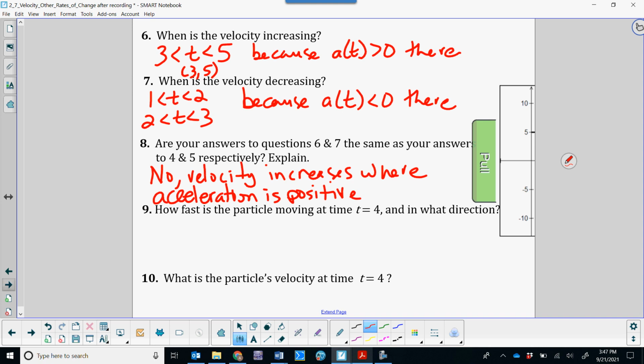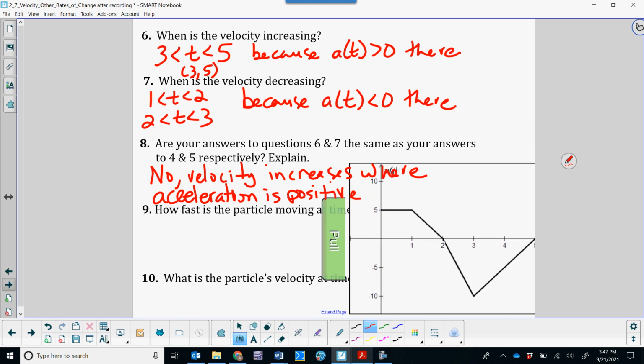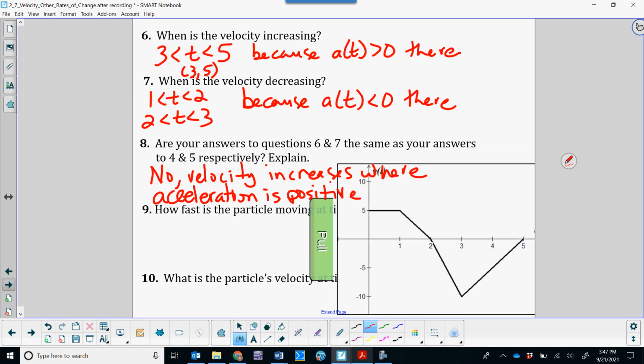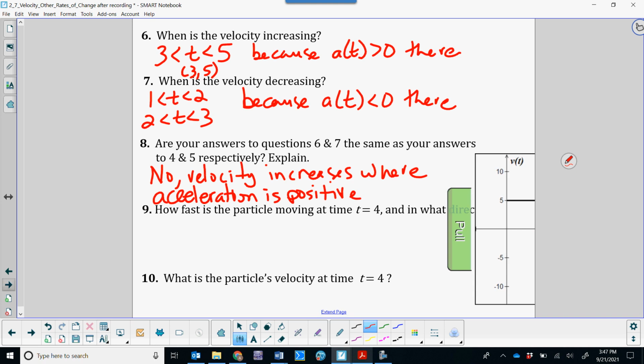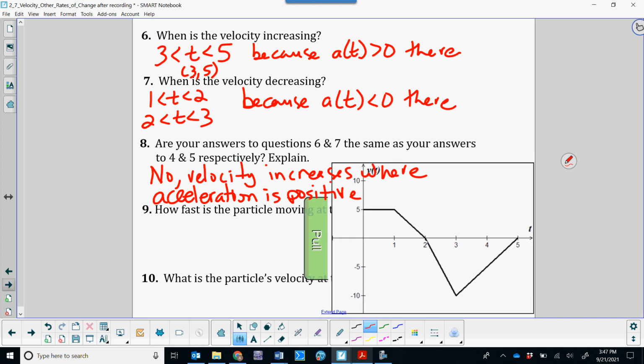Okay, number 9 says, how fast is the particle moving at time t equals 4 and in what direction? So if we look at t equals 4, this is the graph of velocity. The value that we get, which appears to be -5, is the velocity, and the speed is just the absolute value of that value, because this graph is velocity.